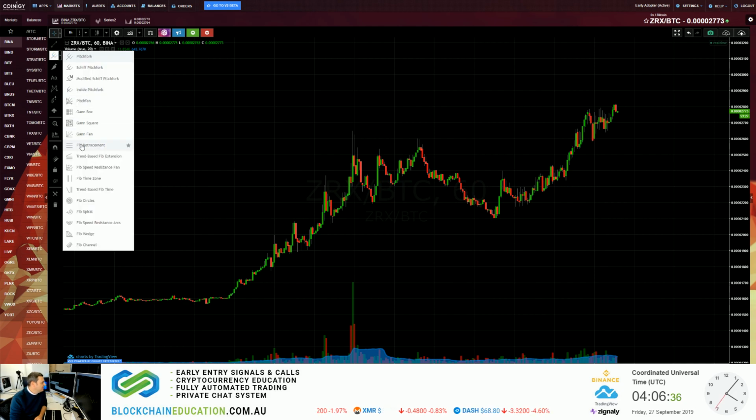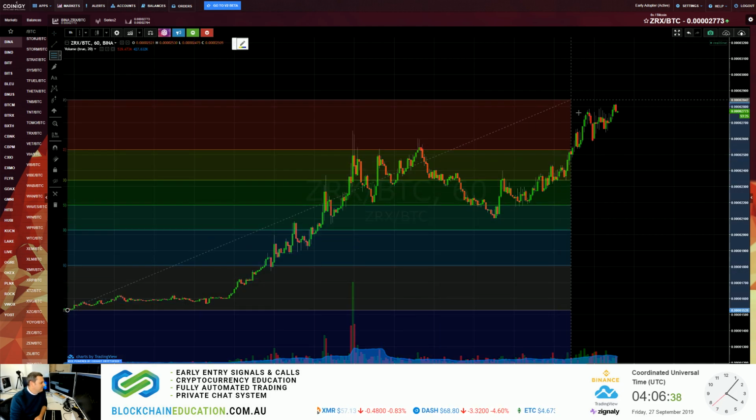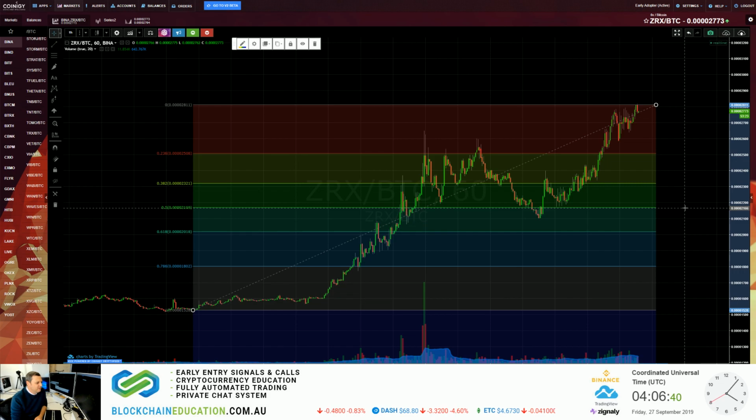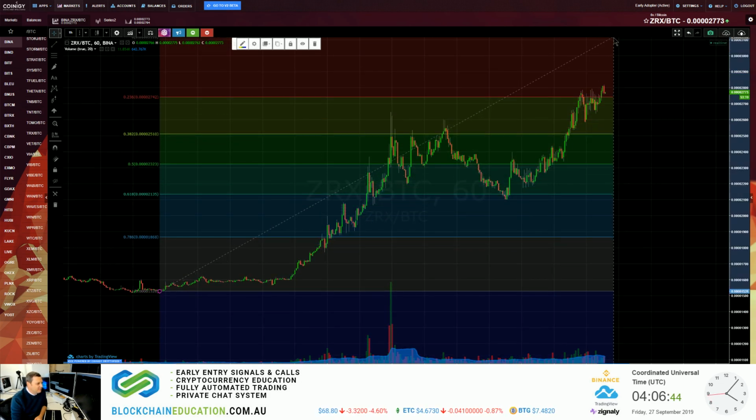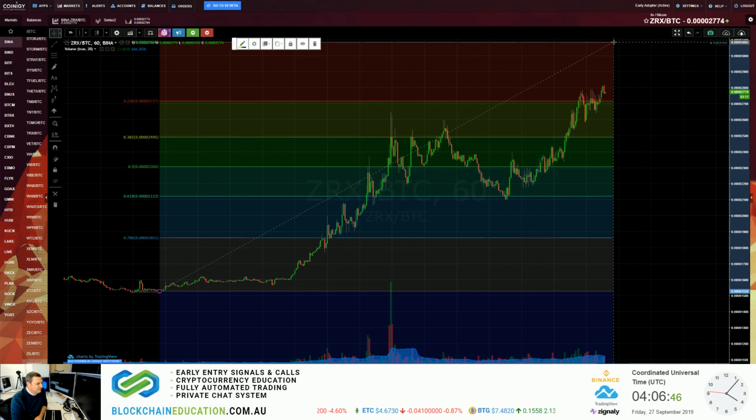I can go and grab my Fibonacci chart and come out of the bottom of this zone here, kind of have a look around. I can play with this until I find something that, to me, feels like, yeah, you know what, I think this is okay.